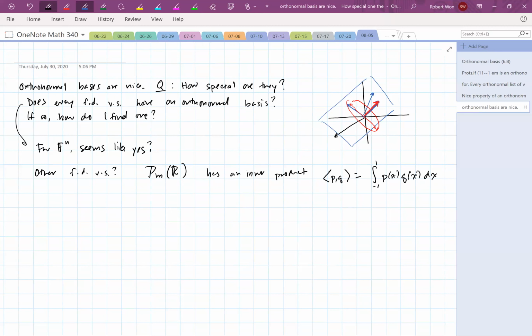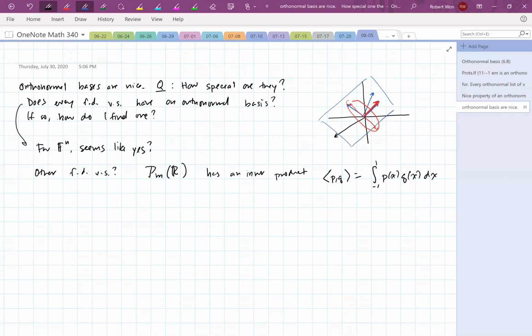Now if I ask, can you get an orthonormal basis with respect to this inner product, I would say you have no idea how to do that, right? Because I don't know what orthogonal polynomials look like with respect to this inner product. I can't picture them like I can in Rn.